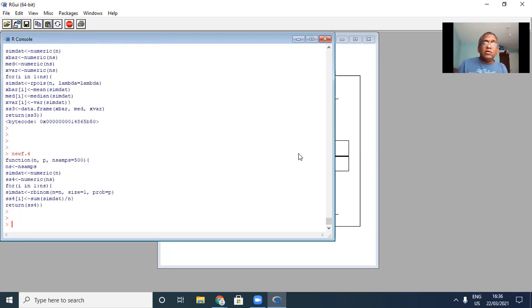This is the relevant function, right? So what this does is it computes the proportion of data, the sample proportion. Let me write it down. Computes.